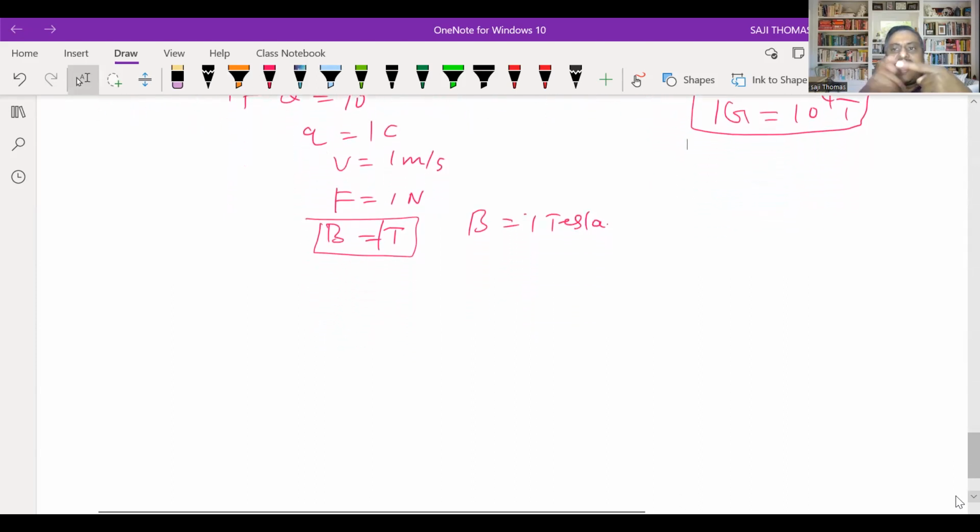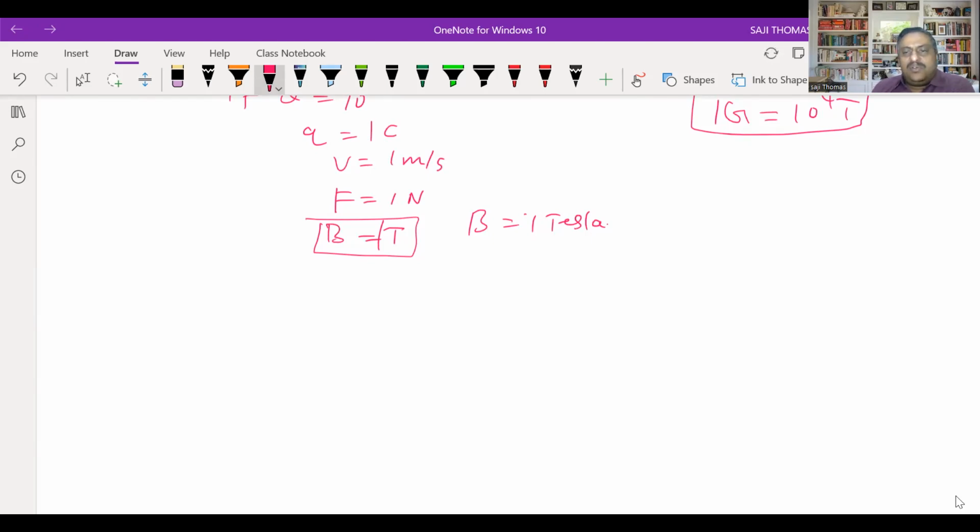When a force acts perpendicular to the velocity, the moving particle will move along a circular path. So when a charged particle moves perpendicular to the magnetic field, it will describe a circular path.